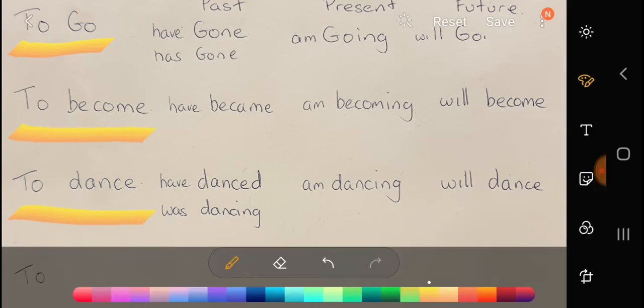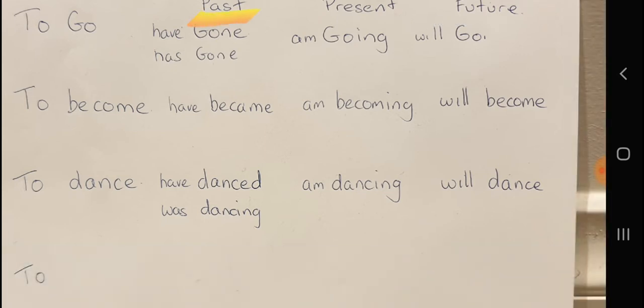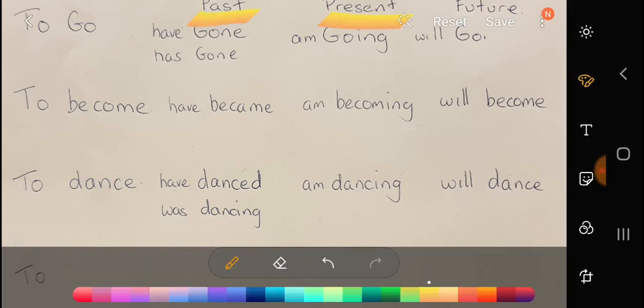We always put "to" at the front of the verb when we're first learning it, and then we go on to learn the other ways of representing that for the past, the present, and the future.